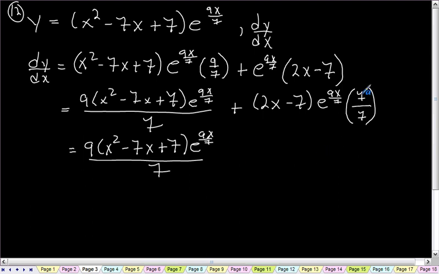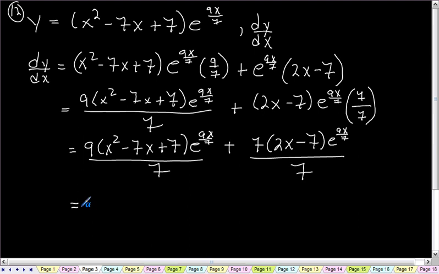But then I have to multiply the 7 times all the way across, because everything in here. So this becomes plus 7 times 2x minus 7 e to the 9x over 7, all over 7. Now that I have a common denominator, I can add all the way across.